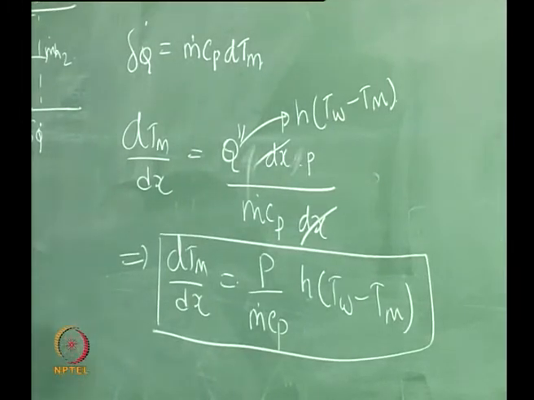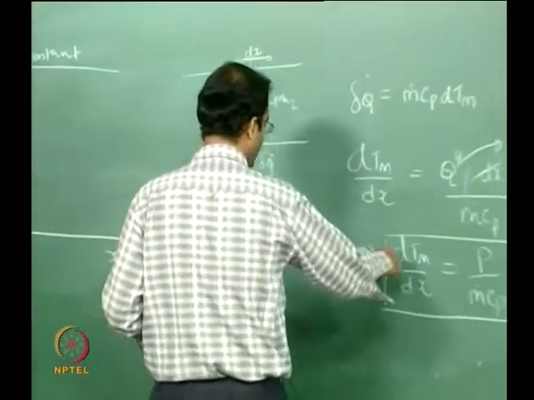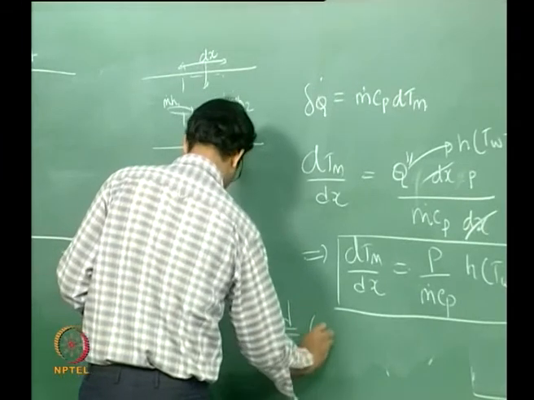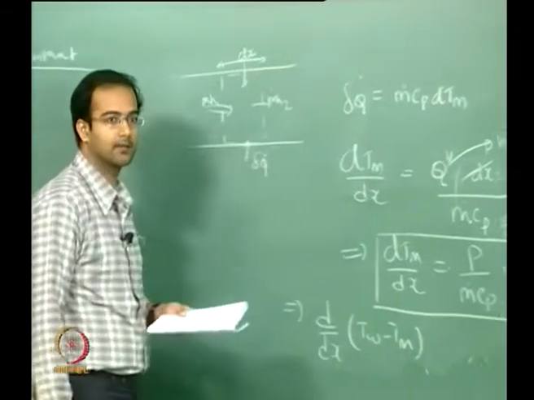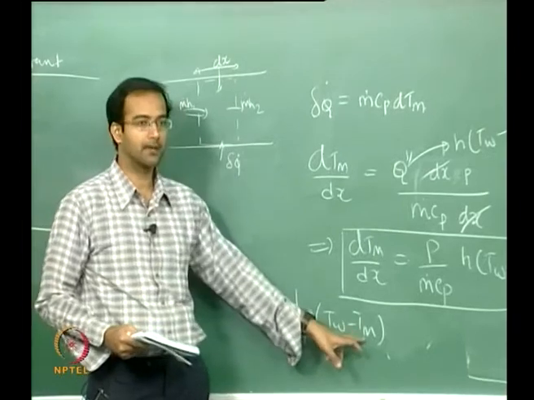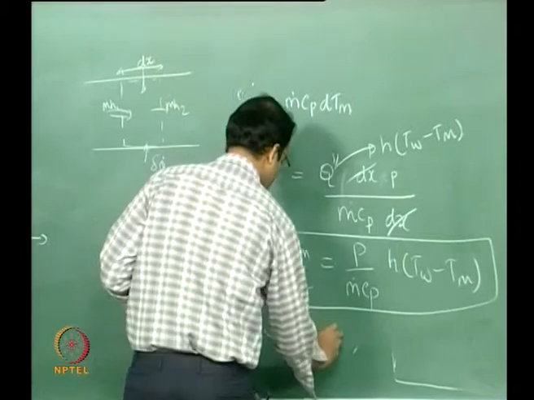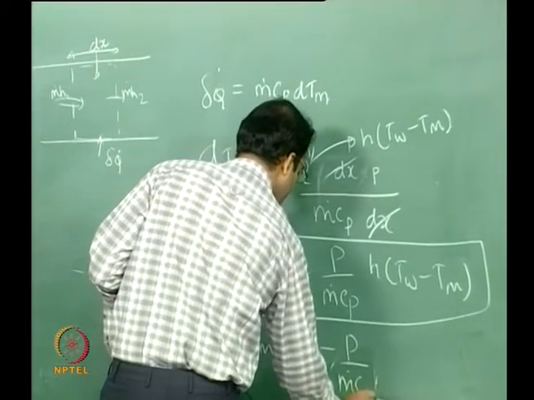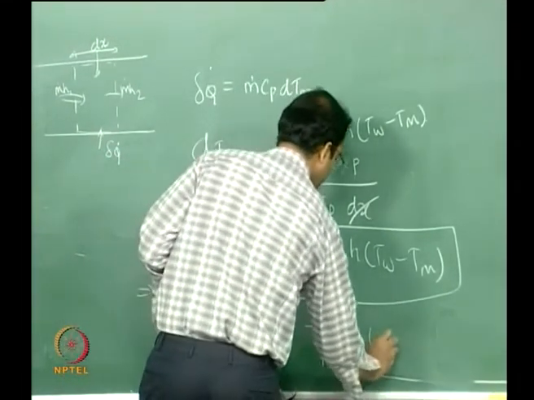Since your T wall is a constant, we can write this as d by dx of T wall minus Tm. T wall is a constant, so you can just introduce d by dx of T wall minus Tm. Now there will be a minus sign, so we can put a minus sign on this side also: P by m dot Cp into h into T wall minus Tm is already here.